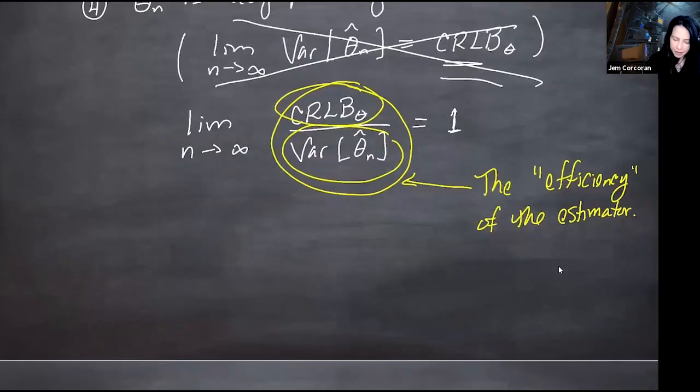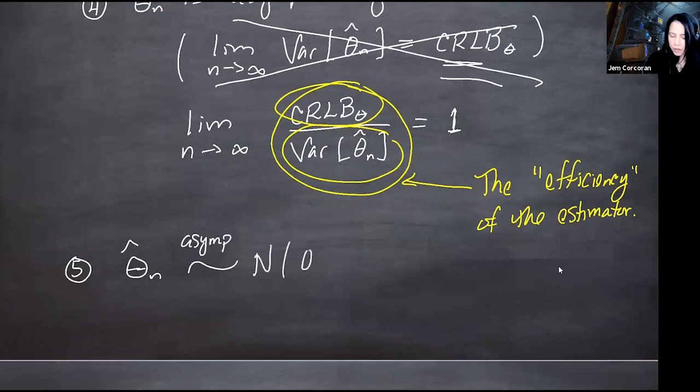And the final thing is, under some nice conditions, they are all asymptotically normal. The MLE is asymptotically normal with the correct mean, the theta you're trying to estimate, and the variance equal to the Cramér-Rao lower bound, which is sort of the same thing we were saying in 4, but in 4 we weren't saying the normality part.